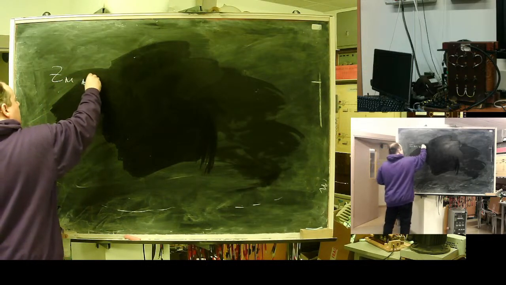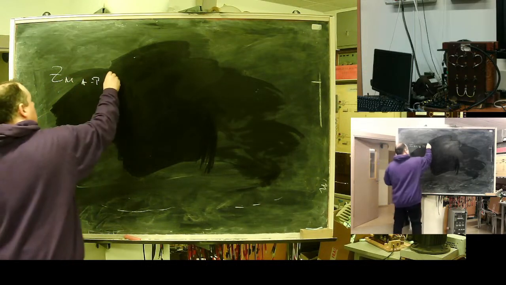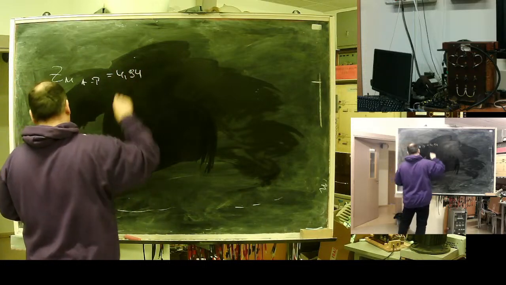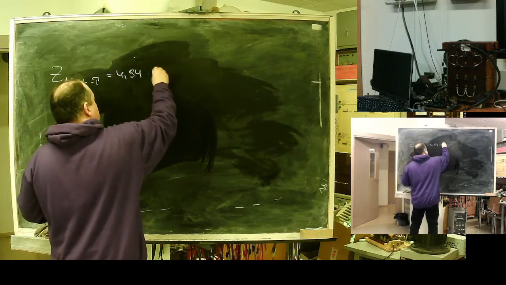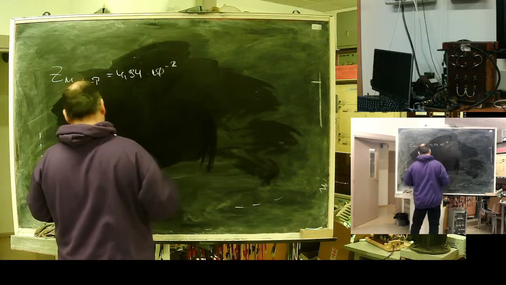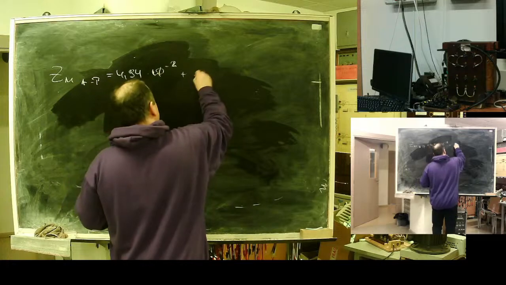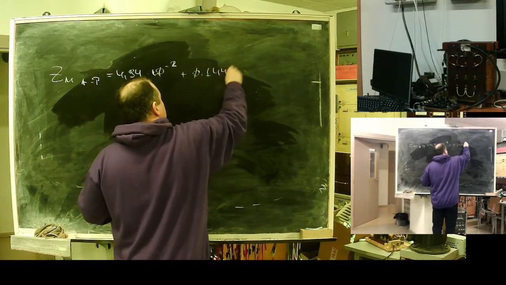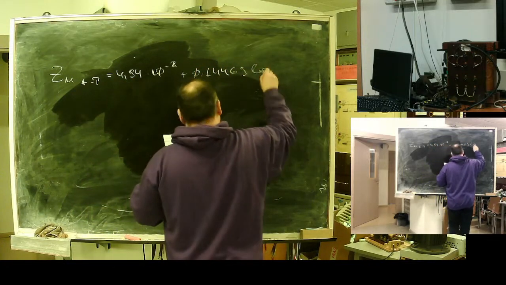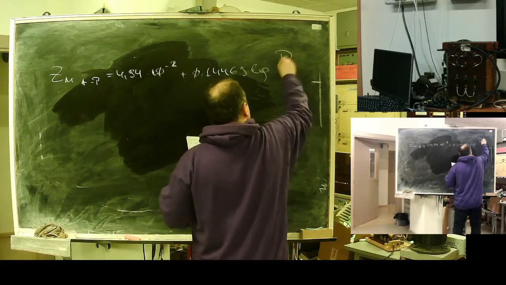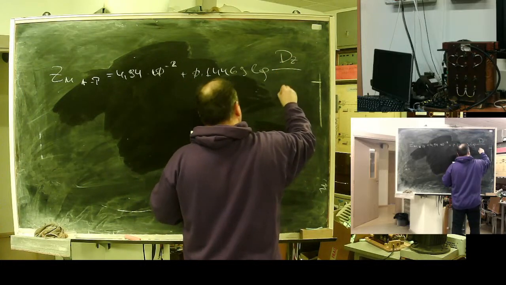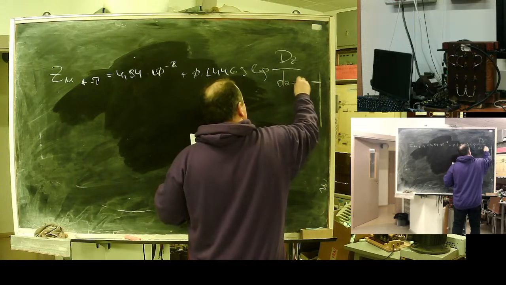We can write between A and K, as we did before, 0.14469 logarithm of the equivalent depth.